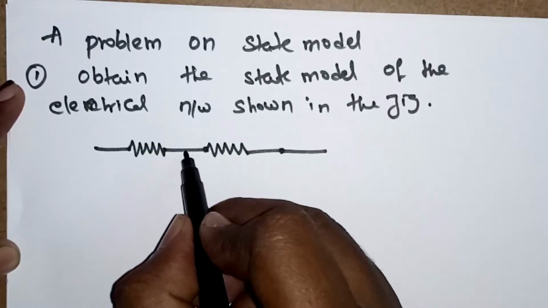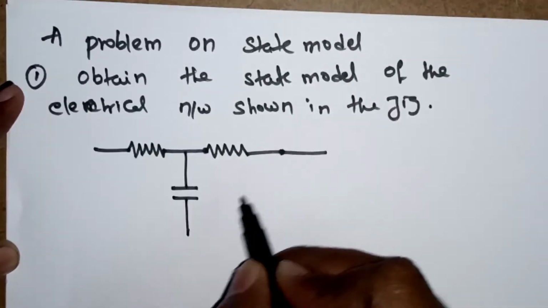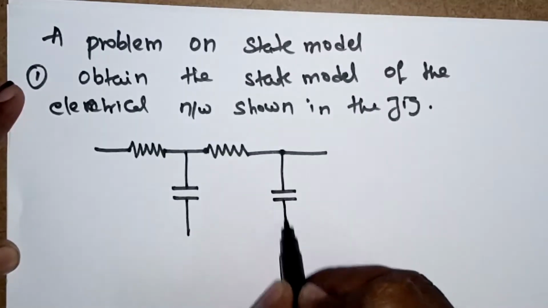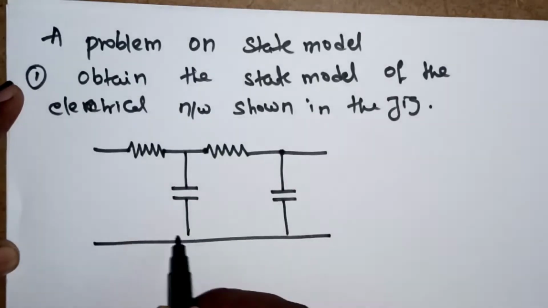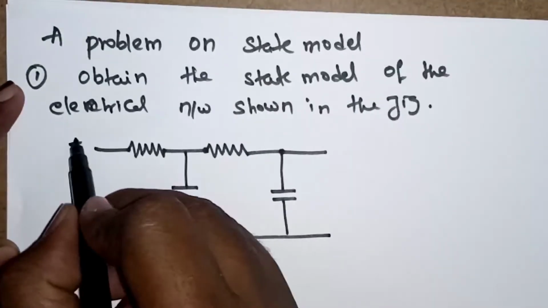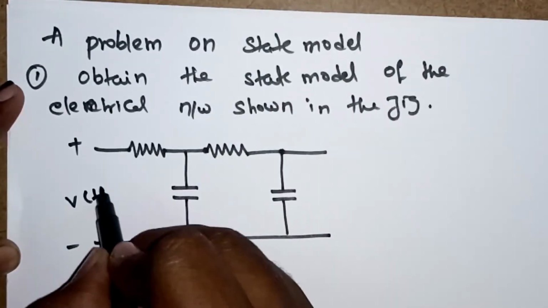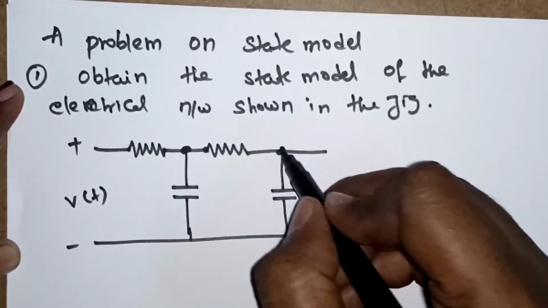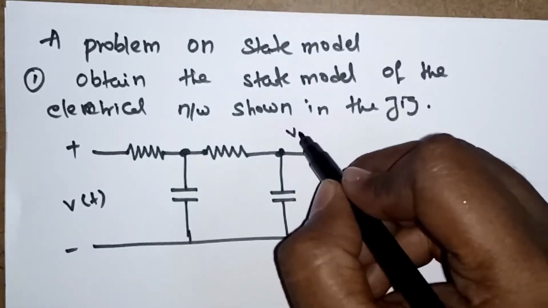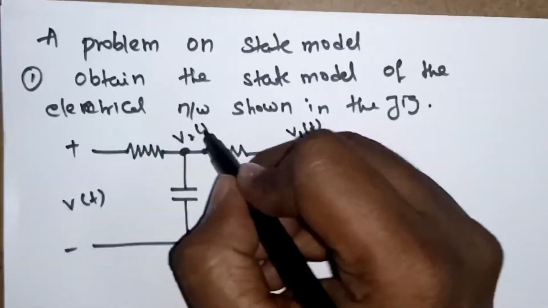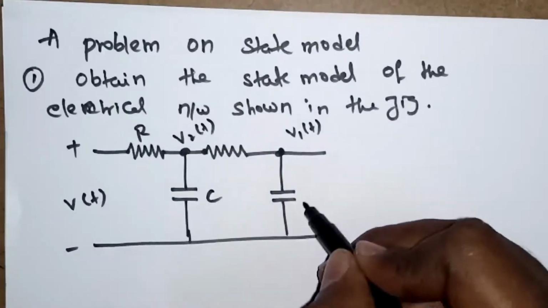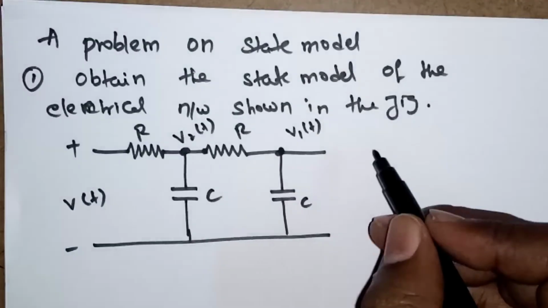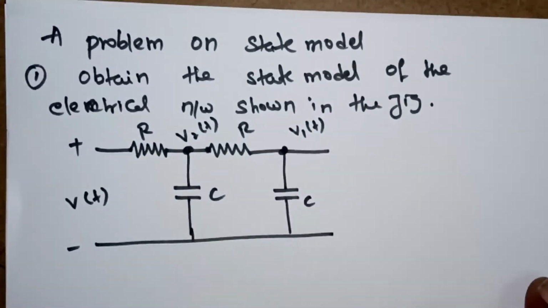Here there are two resistors and two capacitors, and the input is V of t. In this problem, this is V1 of t and here V2 of t, with R, C, C, R. This is the circuit given in the problem.